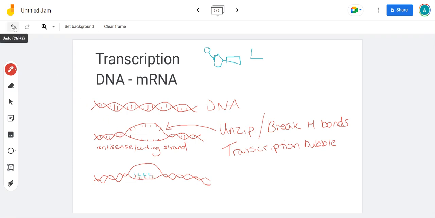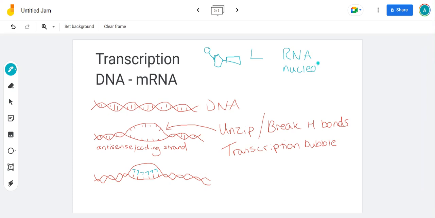Okay, I've drawn those the wrong way around actually. Let's draw those again. So if these are the bases that are now exposed along here, and we're adding complementary nucleotides like this. So A to T, C to G, except, remember, these blue ones that we're adding in are RNA nucleotides. Okay, we're adding RNA nucleotides.